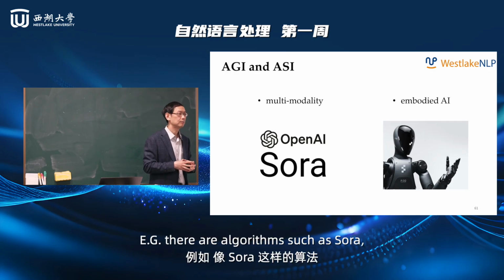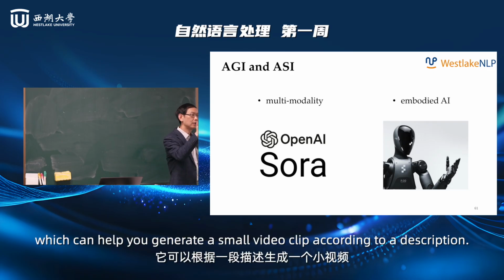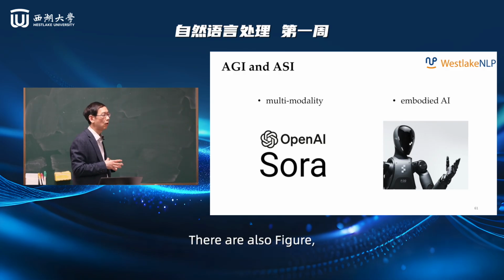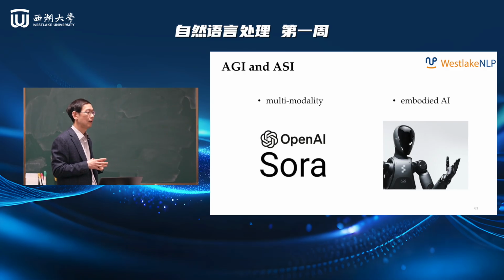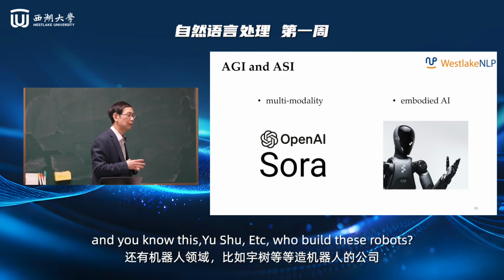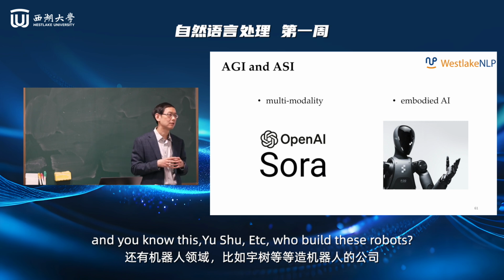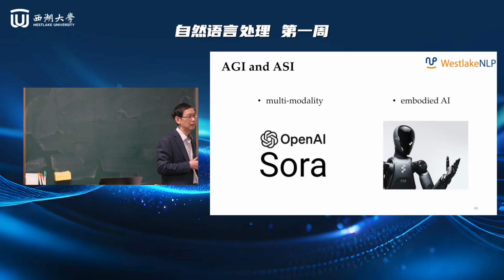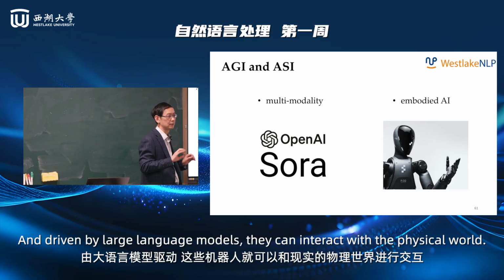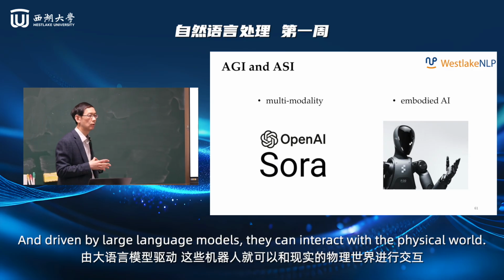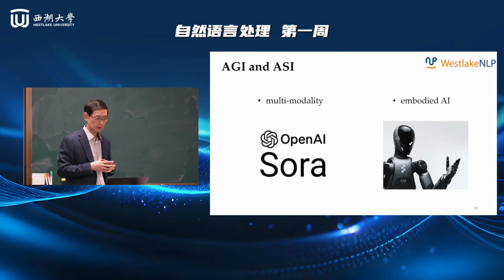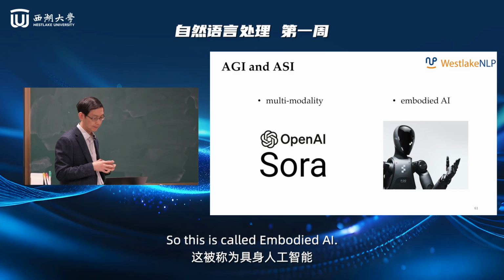For example, there are algorithms such as Sora, which can generate a small video clip according to a description. There are also Figure, Yu Shu, etc., who build robots driven by large language models that can interact with the physical world. This is called embodied AI.